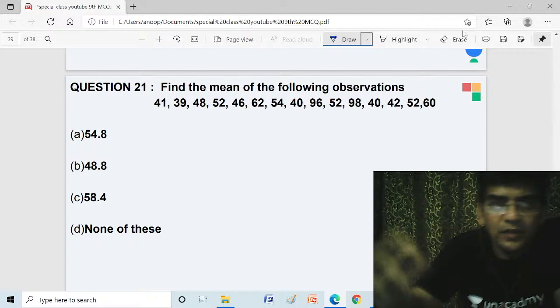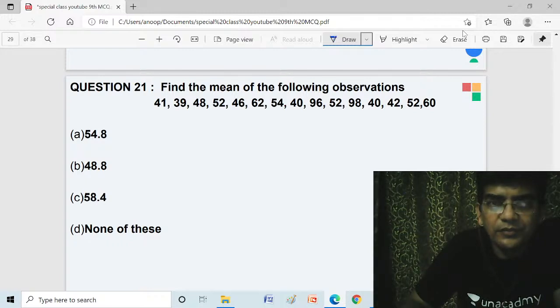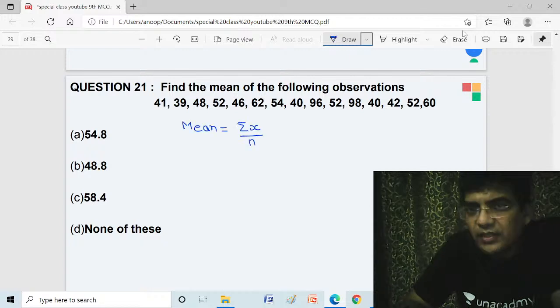Now here see the next question. They say, find the mean of the following observations. Now they have asked us to find the mean. Now you must be knowing the formula for mean. It's summation x upon n. That means you will be adding all these values and then divide by the number of observations.